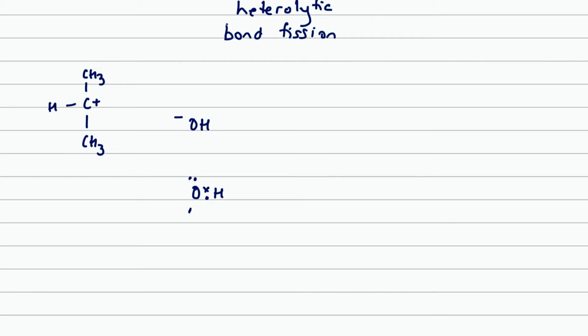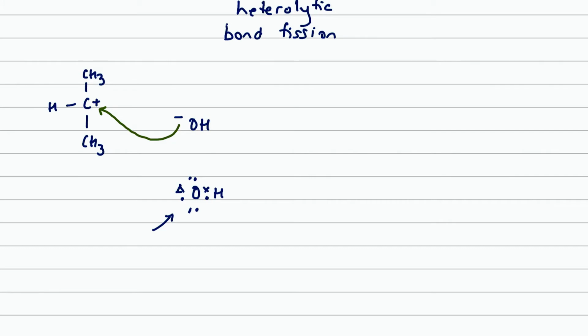Oxygen has 6 electrons of its own, and it's negatively charged because somewhere along the line it picked up another electron, maybe from sodium, for example. What this gives it are 3 lone pairs, one of which it can use to make a bond to an electron-deficient carbon atom. So we would draw a curly arrow to show the movement of electrons, and arrows always show the movement of electrons from where they start to where they finish.